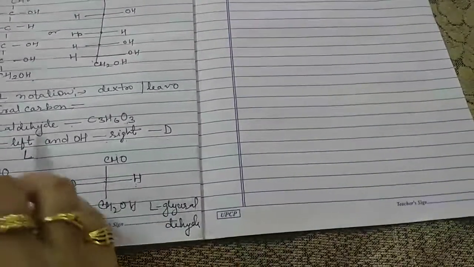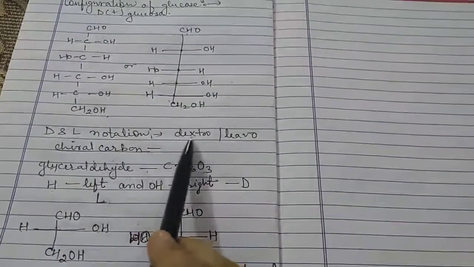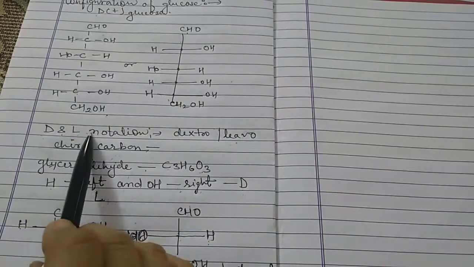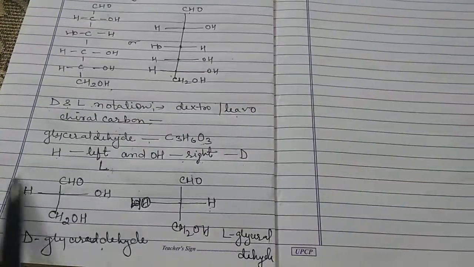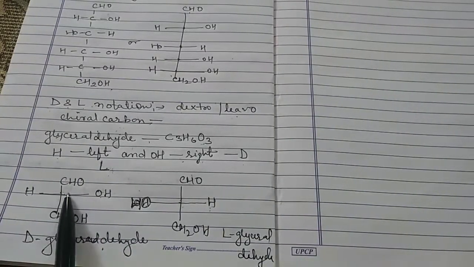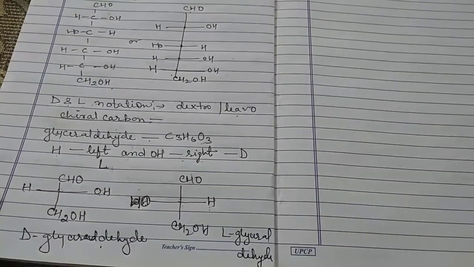So this is the meaning of D and L. D and L do not stand for dextro and levo. They are configurations, and they depend on the position of the attachment on the chiral carbon atom.